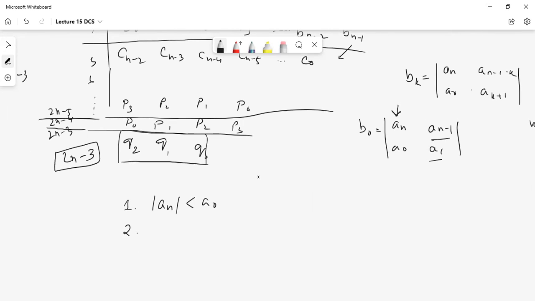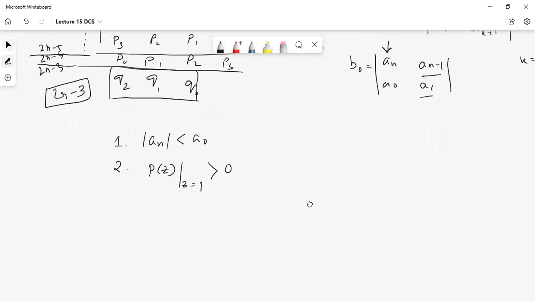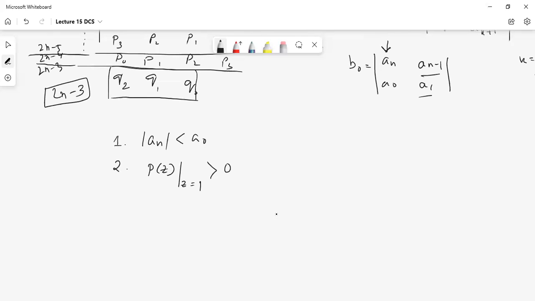The second condition: in the characteristic equation, you have to put z equal to 1, and the magnitude of this one has to be greater than 0. And the third condition is that in the characteristic equation, you have to set z equal to minus 1, and then you have to check the value.